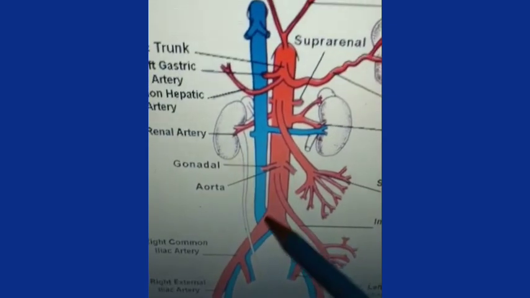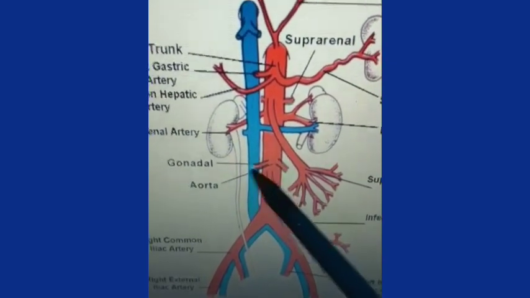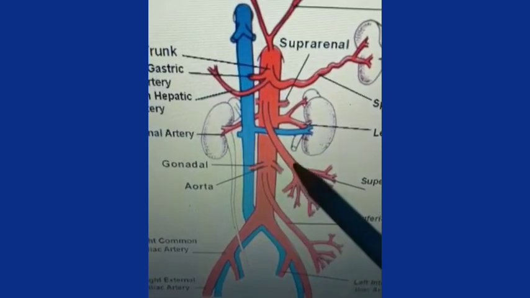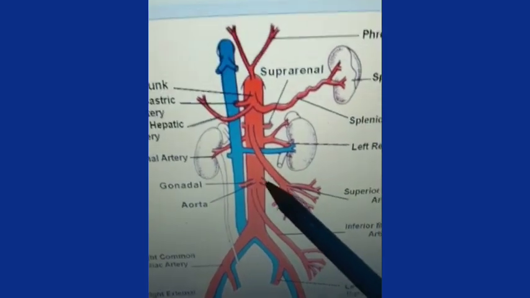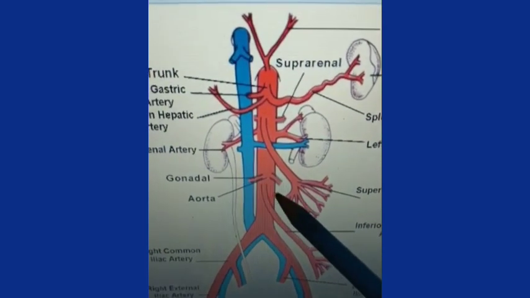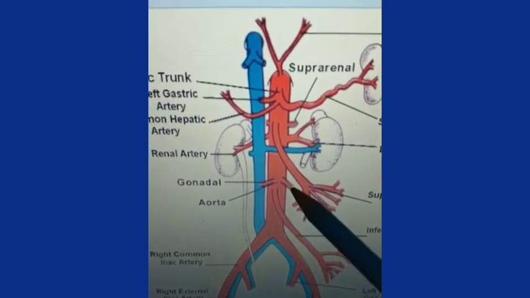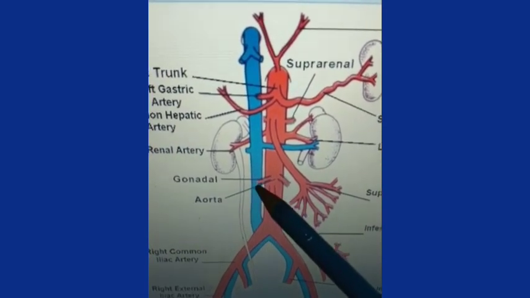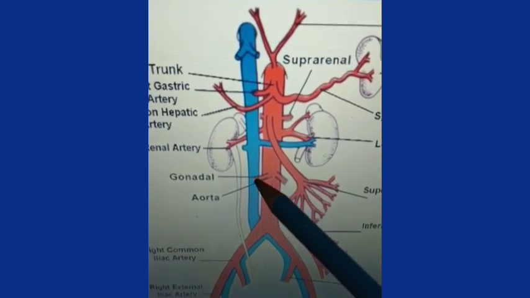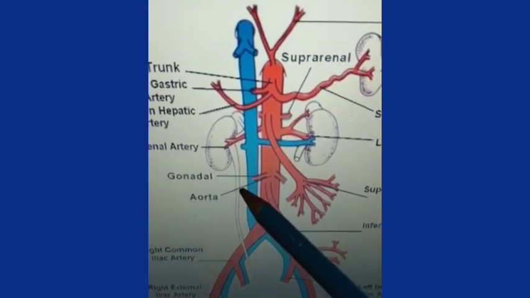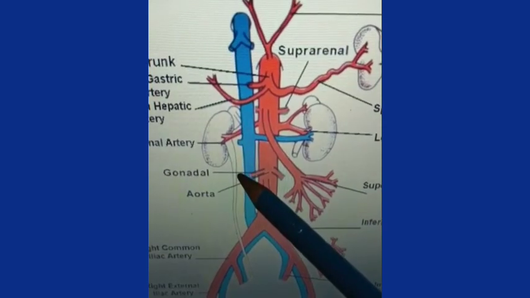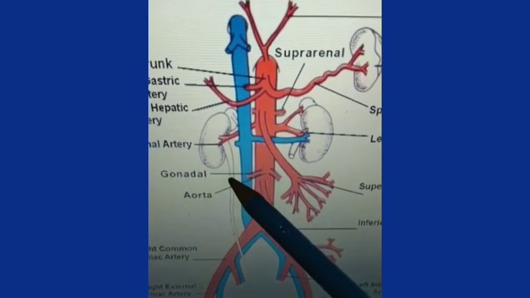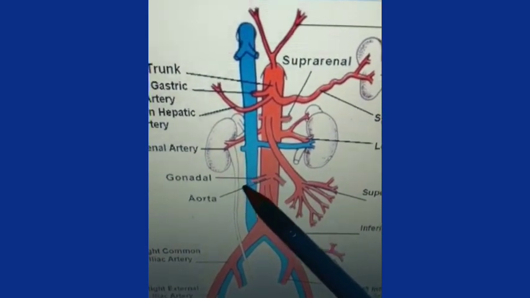The right gonadal artery passes above the inferior vena cava, and the left gonadal artery passes above the ureter. Both right and left gonadal arteries will further divide into testicular arteries in males and ovarian arteries in females. In males, the testicular artery will break up into a number of branches and will supply the epididymis and the testes.